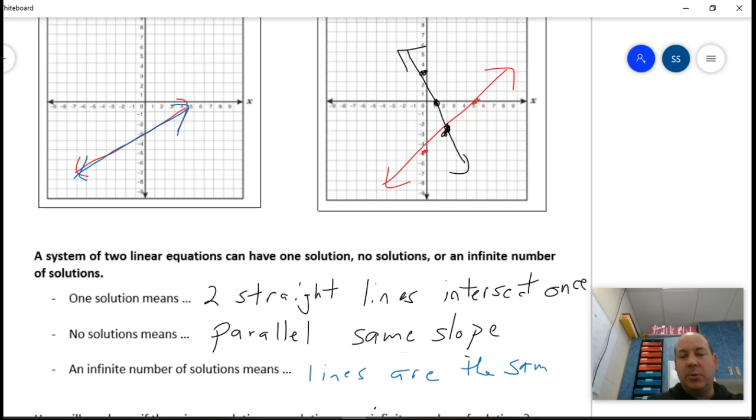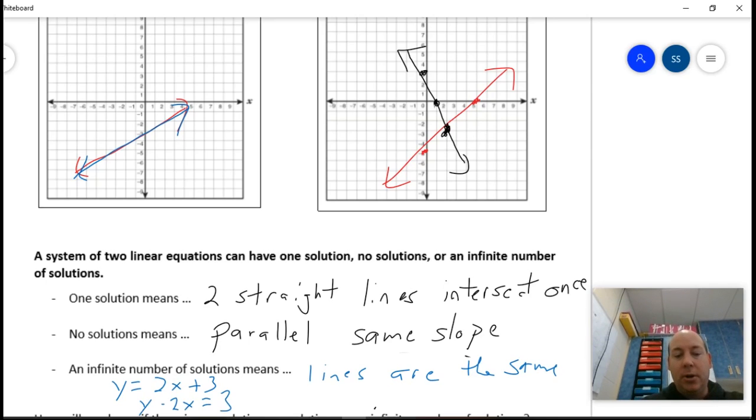Sometimes equations might be disguised to look different, but when you rewrite them in slope-intercept form, they're the exact same. Let's say I had one that was y equals 2x plus 3. Let's say my second one was y minus 2x equals 3.